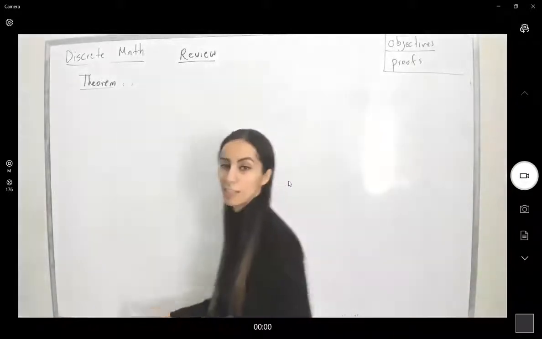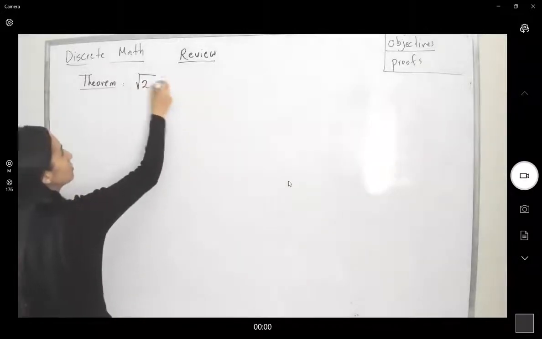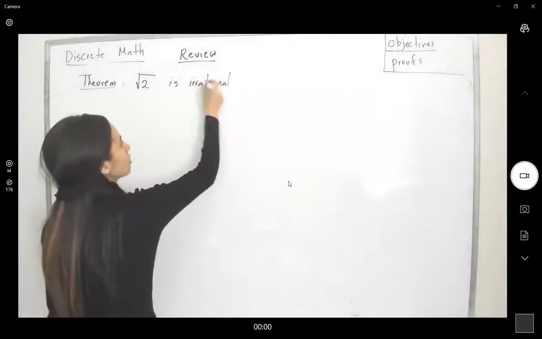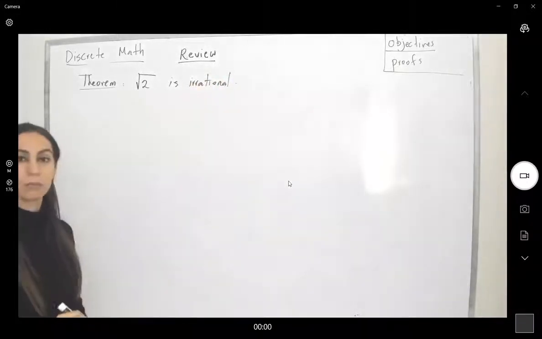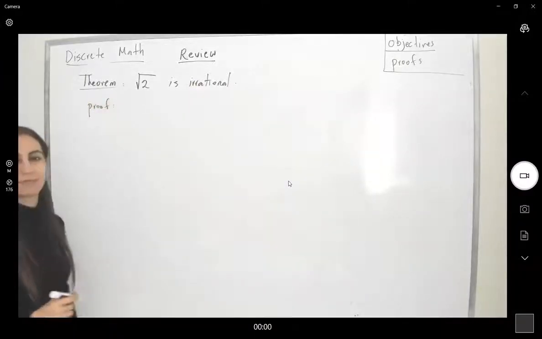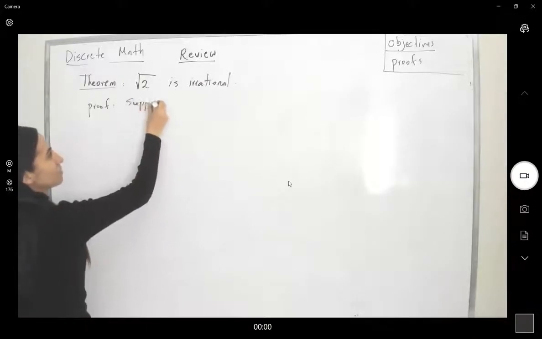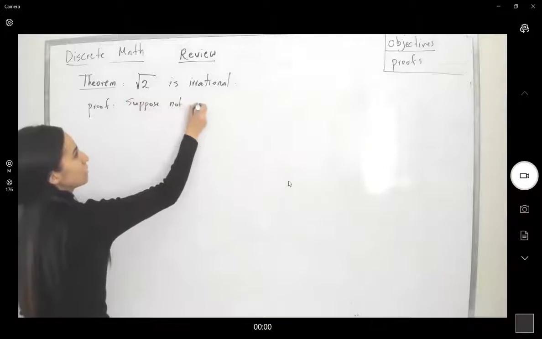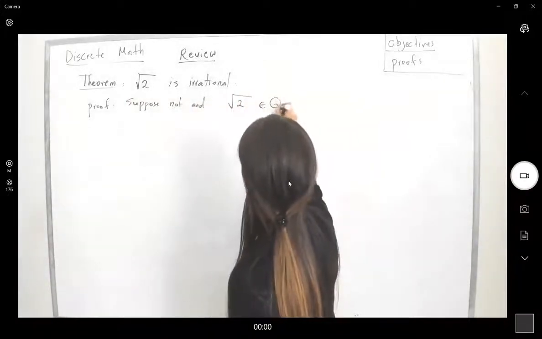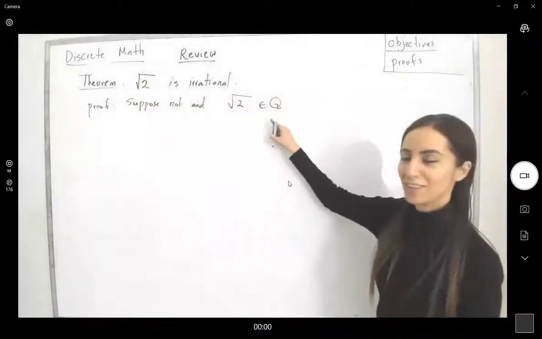Square root of 2 is irrational. Okay, perfect. Proof. Suppose not. Suppose not, and square root of 2 is a rational number, belongs to Q, the rational numbers.